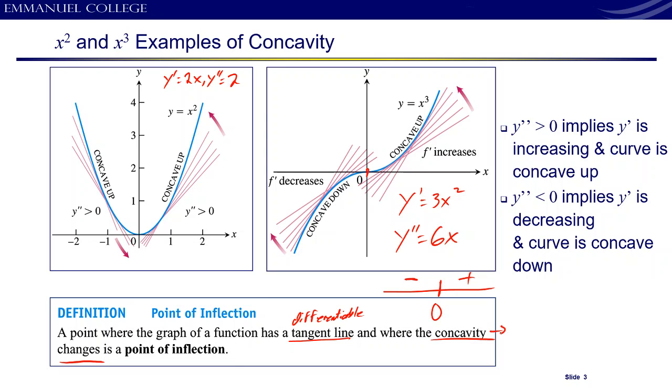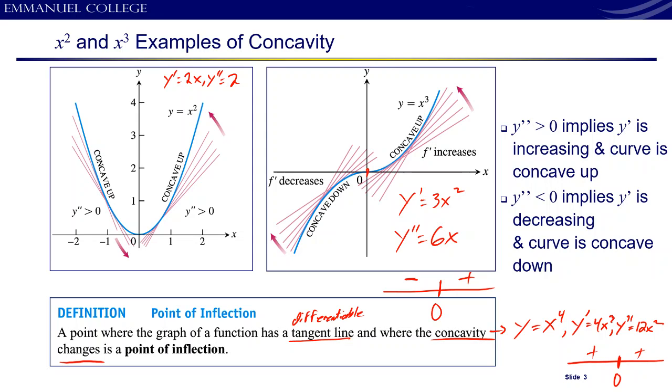One example of a place where it has a tangent line, but the concavity doesn't change, is x to the fourth. The first derivative is 4x cubed. The second derivative is 12x squared. If you look to the left and right of 0, this is positive on both sides.